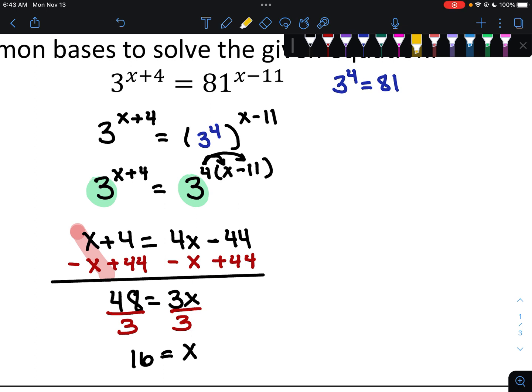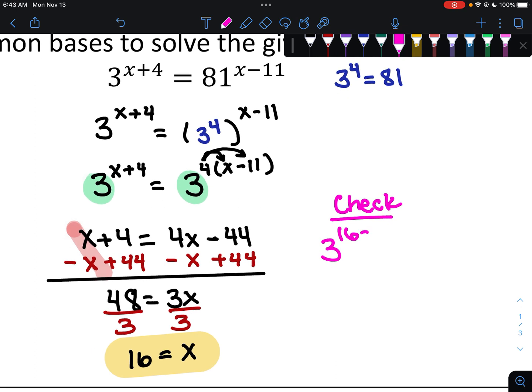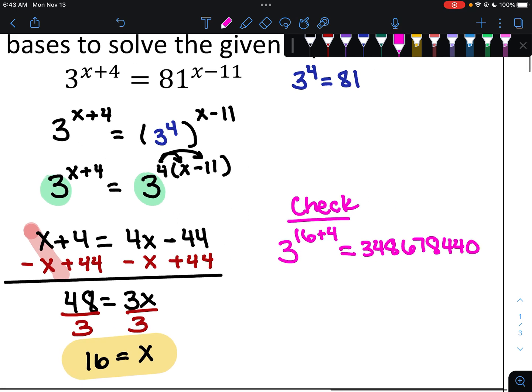So if I wanted to confirm that my answer was correct, I could plug it back in. So if I'm checking my answer, I would do 3 to the 16 plus 4 power. And so when I type that into the calculator, I get a really big number, 3, 4, 8, 6, 7, 8, 4, 4, 0, 1.